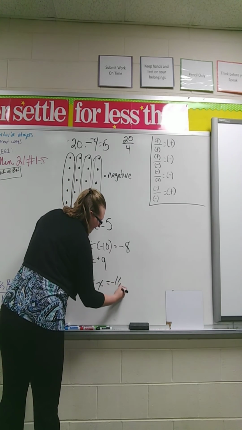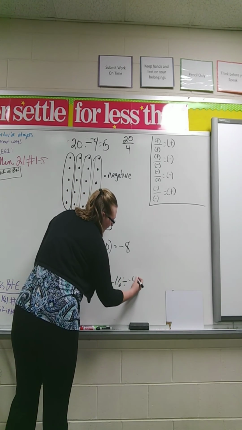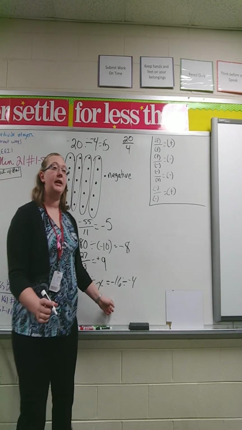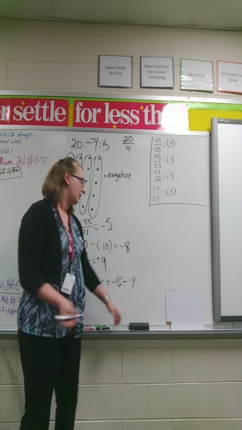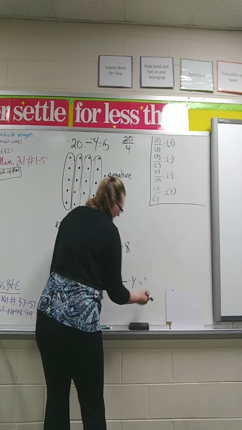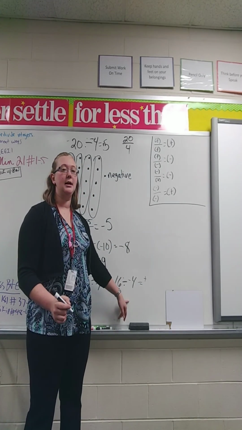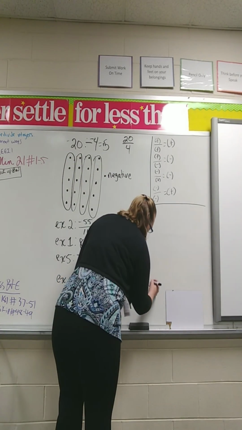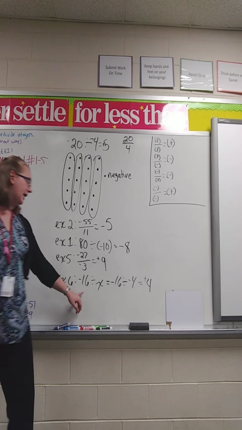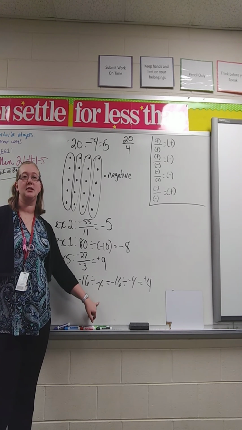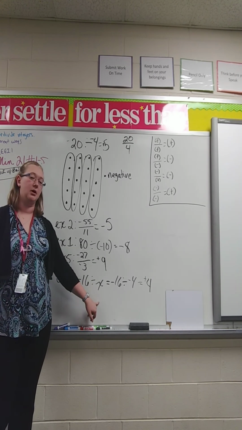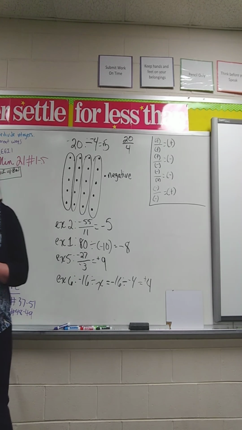That's negative 16 divided by negative 4. What is a negative divided by a negative? A positive. 16 divided by 4 is 4. So our negative 16 divided by x solution is going to be 4. Does anyone have any questions?